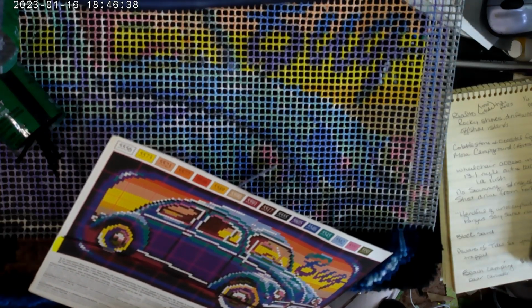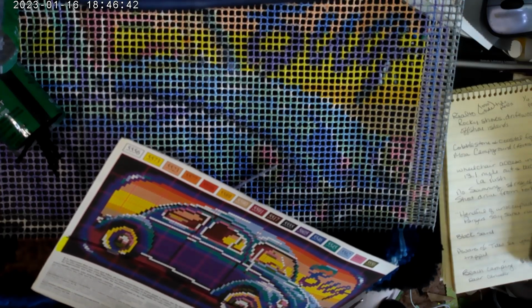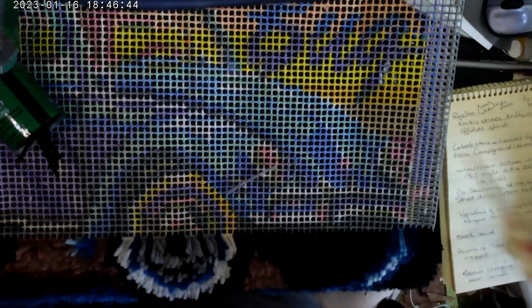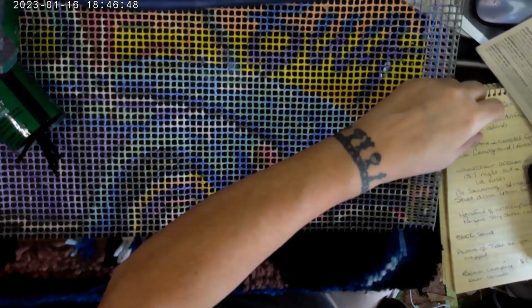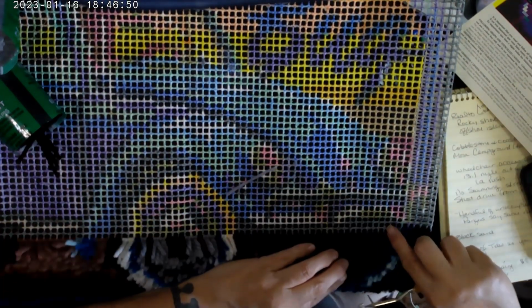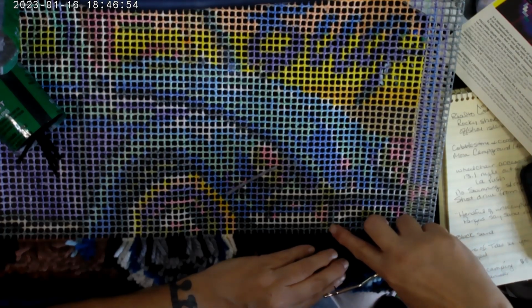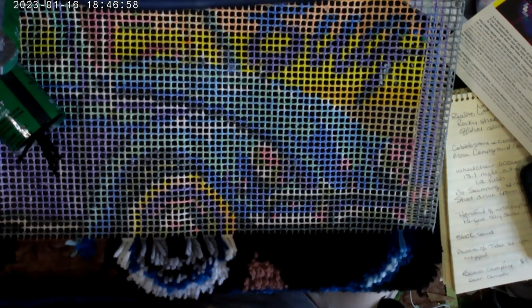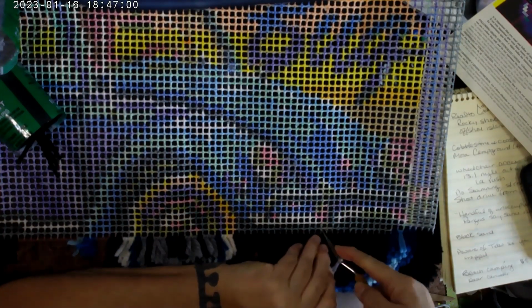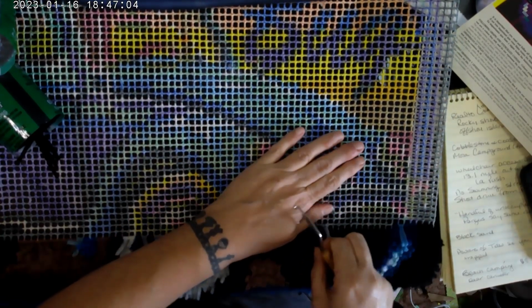And we are 1, 2, 3, 4, 5, 6, 7, 8, 9, 10, 11, 12 blacks. I'm going to mark where this gray is, just so I don't go past it.